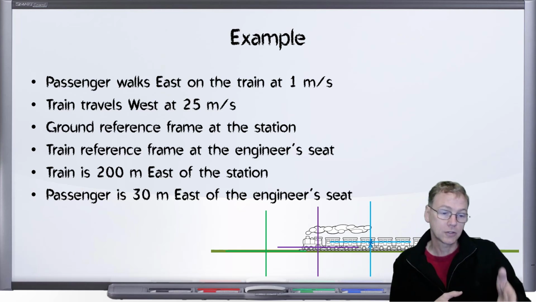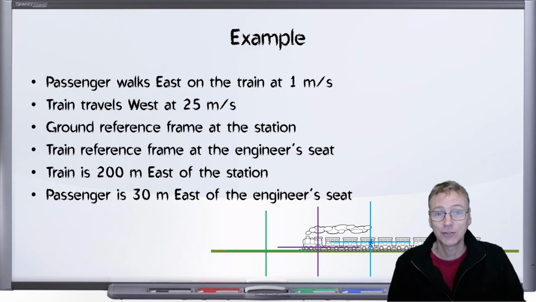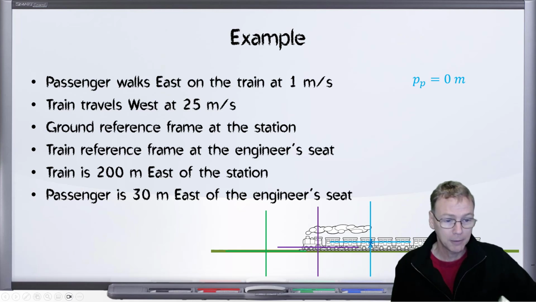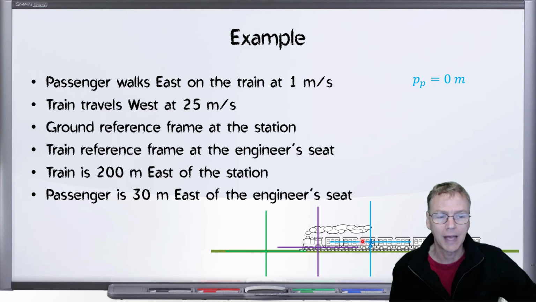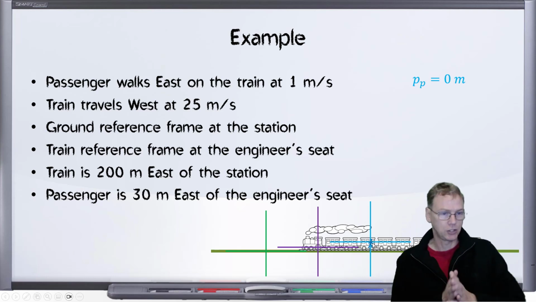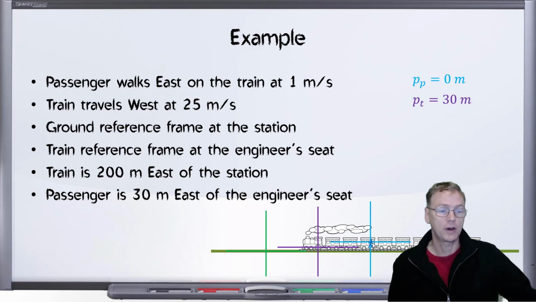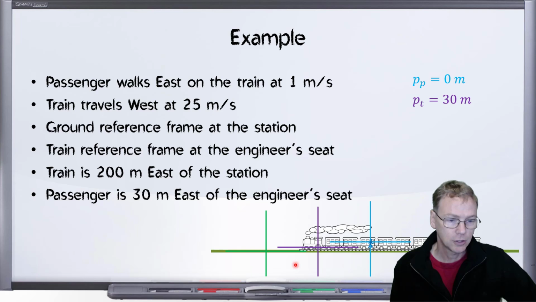So how could we describe the passenger's current location in each of these 3 reference frames? So let's say the passenger's location in the passenger's reference frame. Well, that's 0, right? The passenger is sitting right on his own axis. So we'll say that's 0 meters. Where is the passenger in the train's reference frame? So the passenger is here, train is there. We said that was 30 meters.